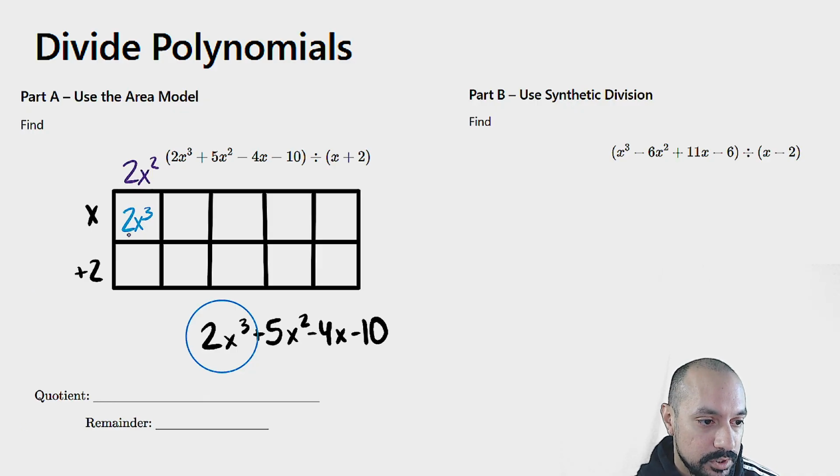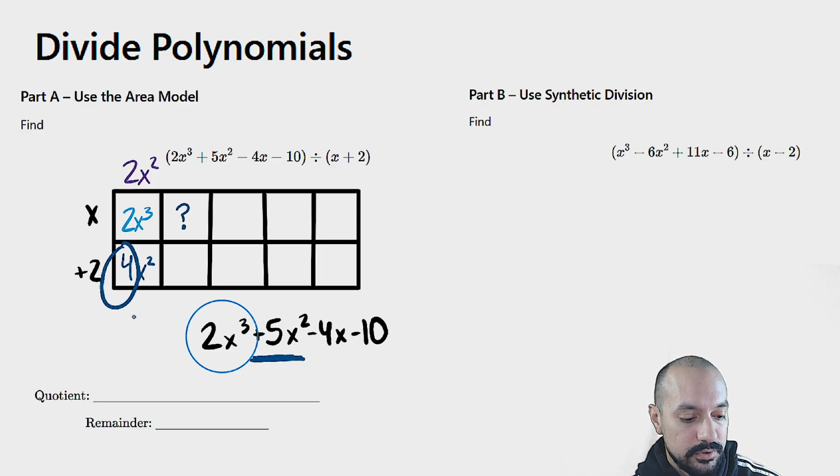So then I want to multiply down the entire column for that. So this next box gives me 4x squared. And then I want to decide what goes in here. Now, when I do that, I'm looking at the x squared term. I need the coefficient on x squared to be 5x squared, and right now it's 4x squared.